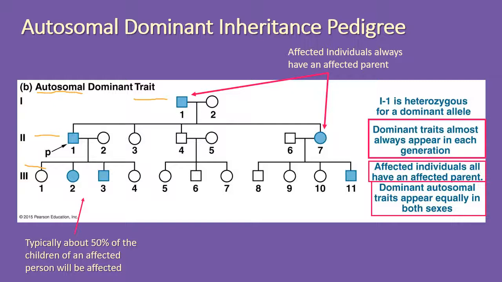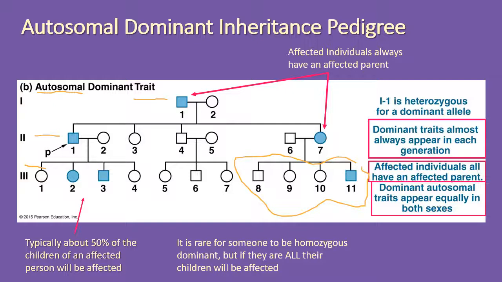Typically about 50% of the children of an affected person will be affected, because they have basically a 50-50 shot of inheriting the allele that produces the trait. But you can see, again because of chance, that's not always the case, right? And this time you only got 1 out of 4 when it should be 50%.